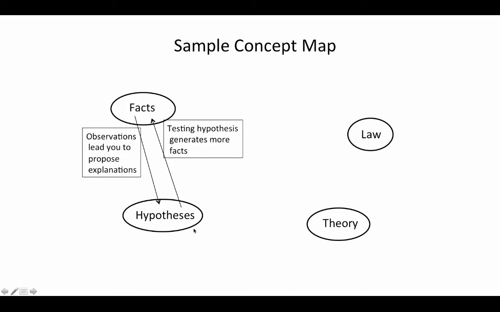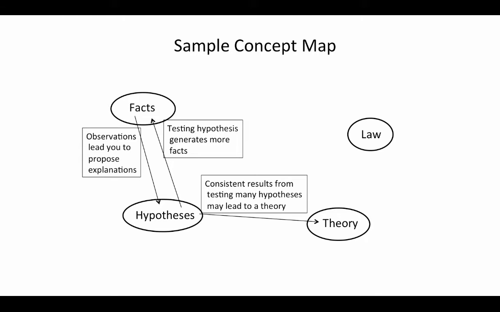If you test a lot of related hypotheses, they may suggest to you a much broader principle that explains a large range of phenomena and allows you to make predictions, and that would be a theory. So consistent results from testing many related hypotheses may lead to the development of a theory, a general explanation for a wide range of phenomena under whatever conditions are covered by the theory.